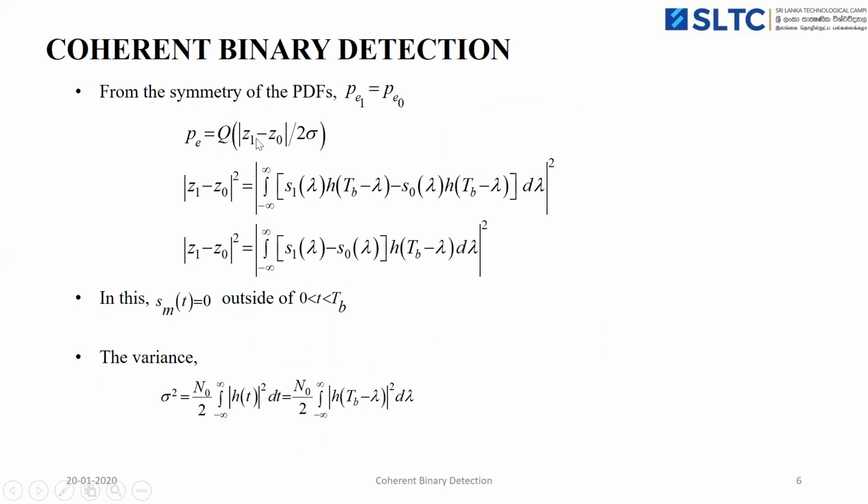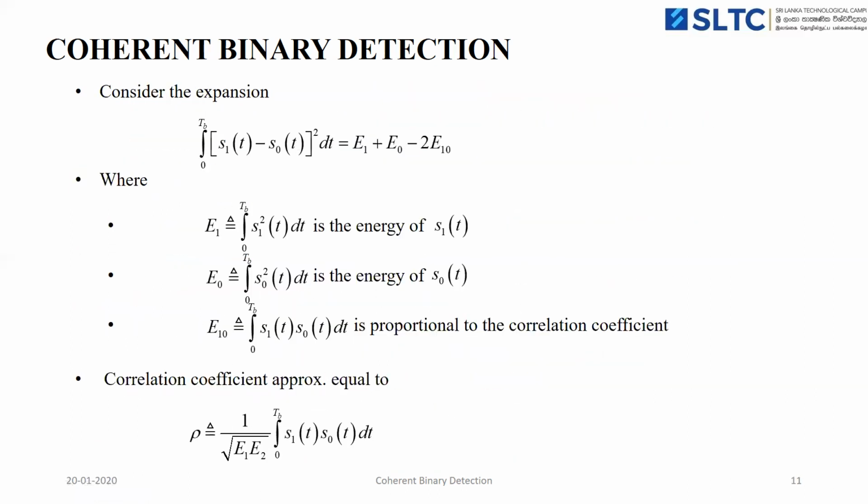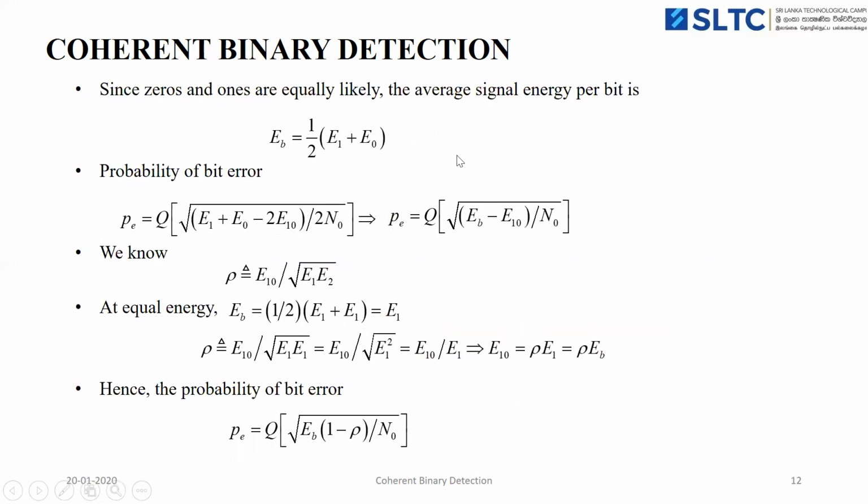So Q of (Z1 minus Z0) divided by 2 sigma, where Z1 minus Z0 is finally simplified like E1 plus E0 minus 2 E10. Here we are replacing Z1 minus Z0 by E1 plus E0 minus 2 E10, divided by 2 N0 for the noise variance.